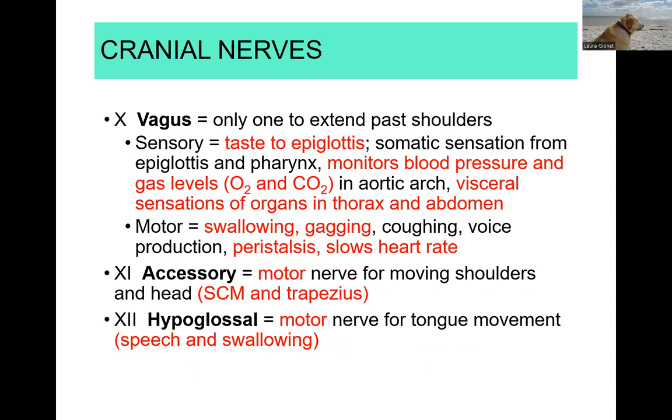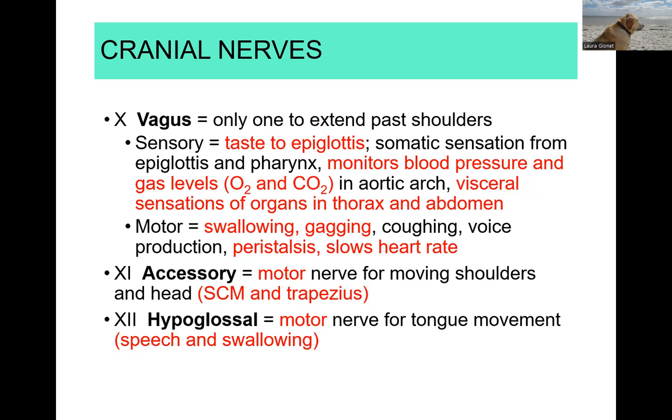It also functions in coughing, voice production, peristalsis, which is the coordinated propulsion of food through the esophagus all the way down to your rectum. And it slows down the heart. So when we stimulate and excite the vagus nerve, the heart actually slows down.